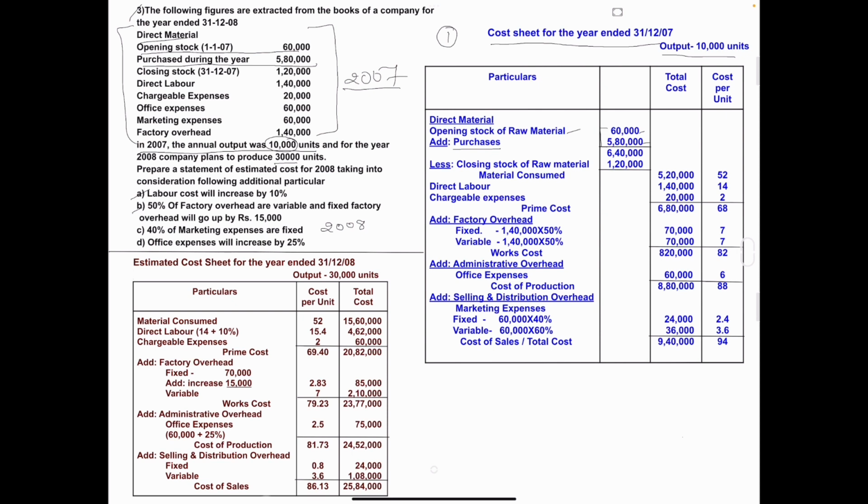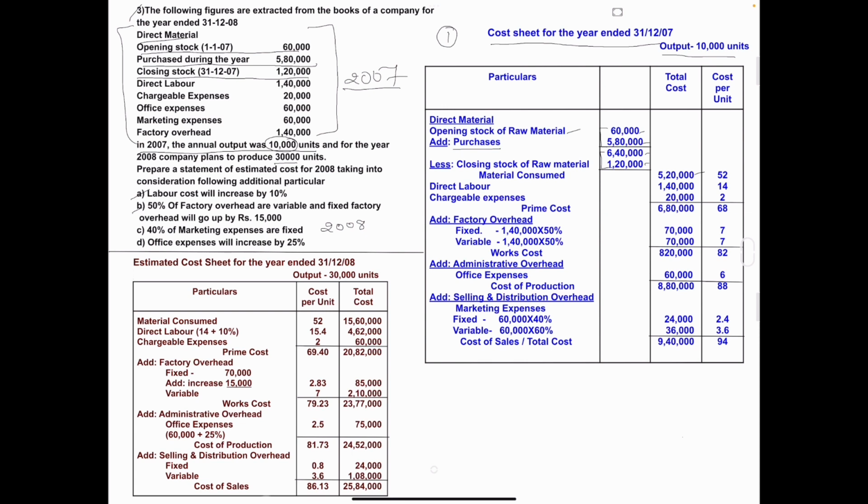Add these two amounts. 60,000 plus 5,80,000, total is 6,40,000. Less closing stock of raw material. Closing stock 1,20,000. Write in the solution 1,20,000. From 6,40,000 minus 1,20,000, you will get 5,20,000.